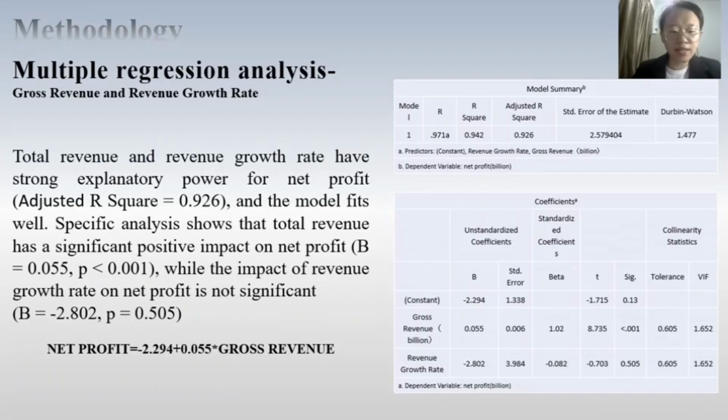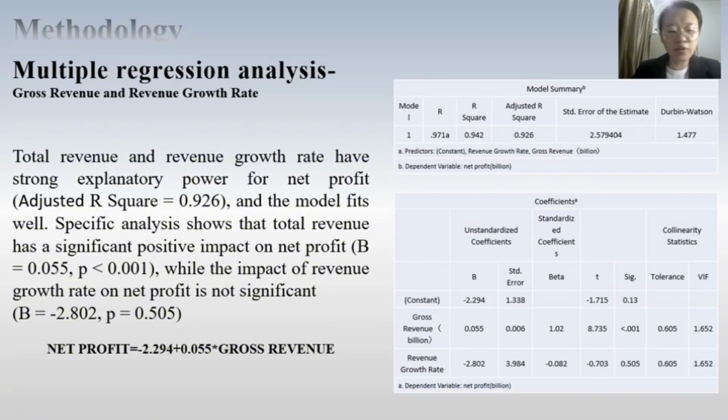Next is the analysis result of multiple linear regression. From the table, we can see that the adjusted R square is 92.6%, which shows that the model has a good goodness of fit.